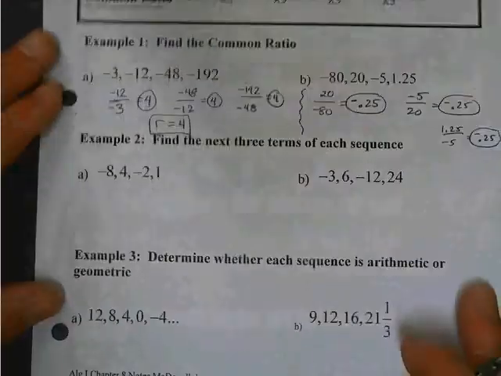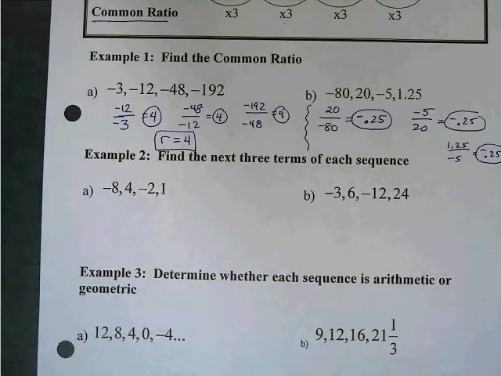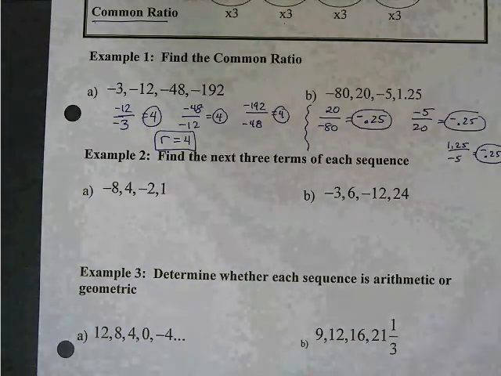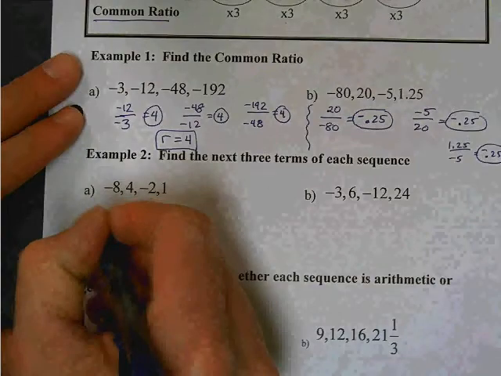All right, let's look down at example 2. I'm telling you that we're going to try to find the next 3 terms. So we have to say, okay, how do we find them? Well, hopefully we're going to figure out that these are geometric sequences. So let's check. What is 4 divided by negative 8?